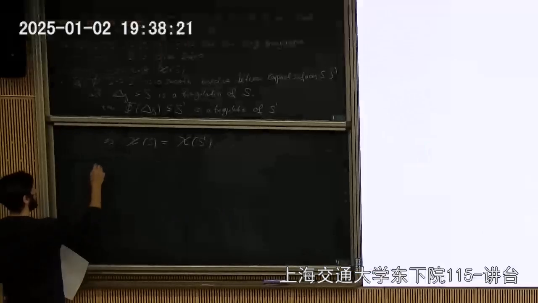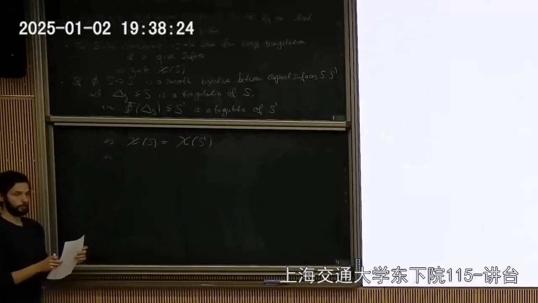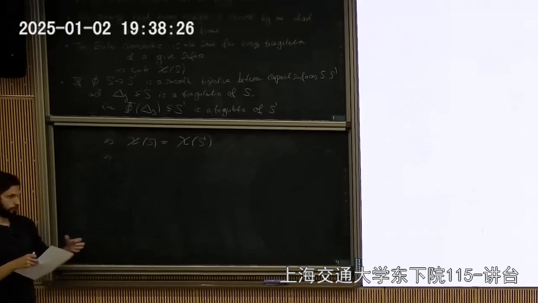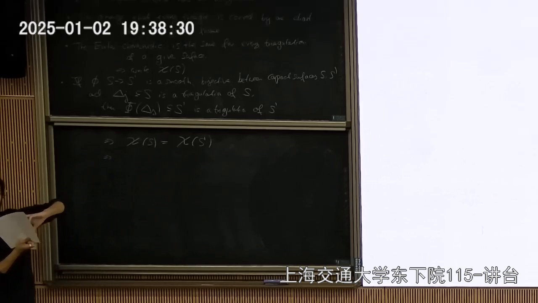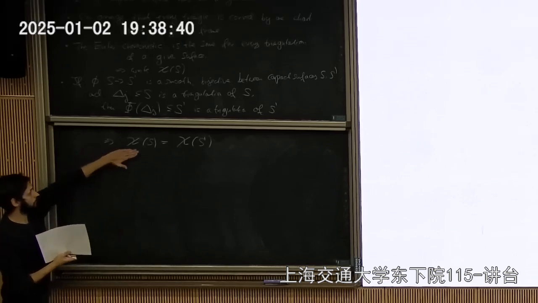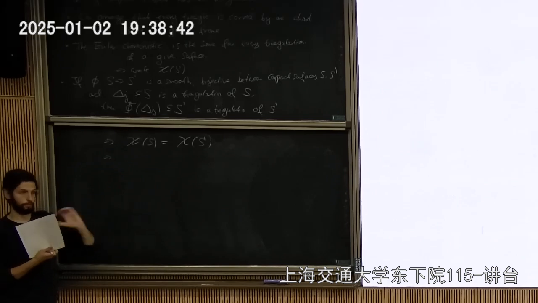So that in particular means that if you deform your surface slightly, like what I had before with the sphere, and you make it like a handlebar, then you just have a nice bijection, because you can track where each point went, and that means that chi doesn't change under these operations.